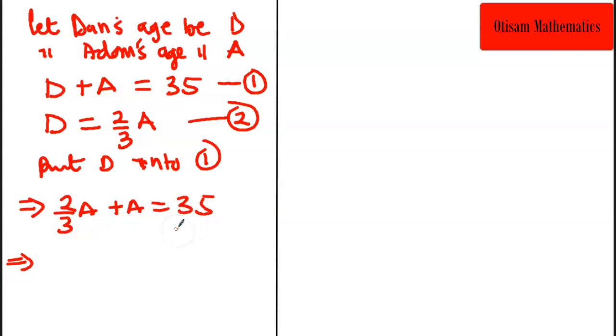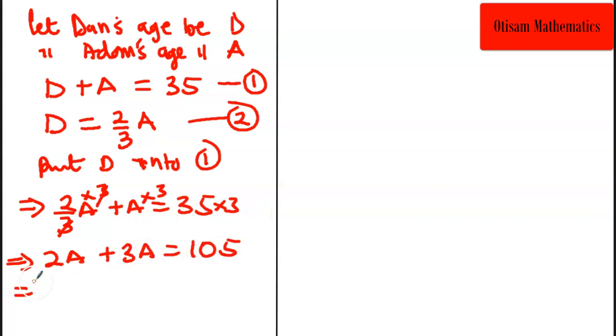To multiply through by 3. So this by 3, this by 3, this by 3. This will cancel. So we have 2A plus 3A. 35 times 3 is 105. So which implies that 5A is equal to 105.